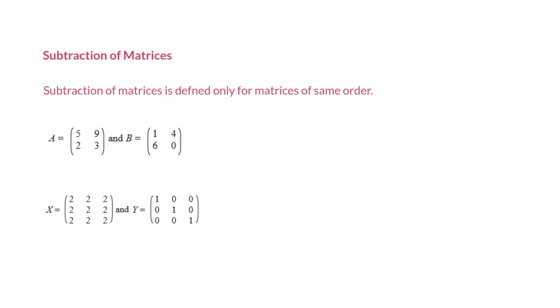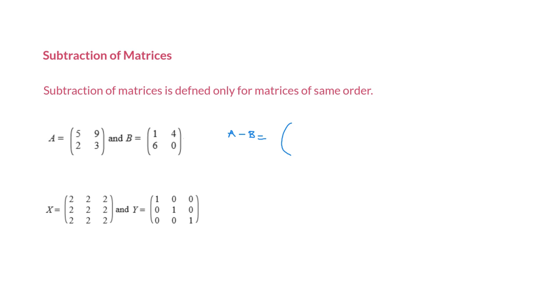Subtraction of matrices. Subtraction of matrices is defined only for matrices of the same order. Have a look. You have matrix A equals 5, 9, 2, 3 and matrix B equals 1, 4, 6, 0. What's the order here? 2 by 2 and here also 2 by 2. So we can subtract. A minus B equals: you have to subtract corresponding elements here.